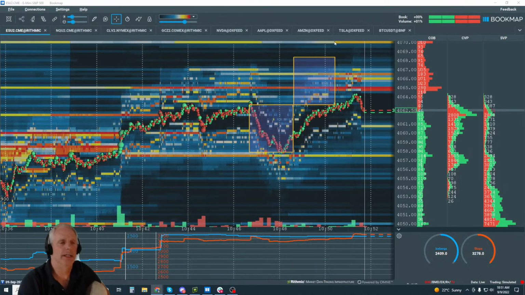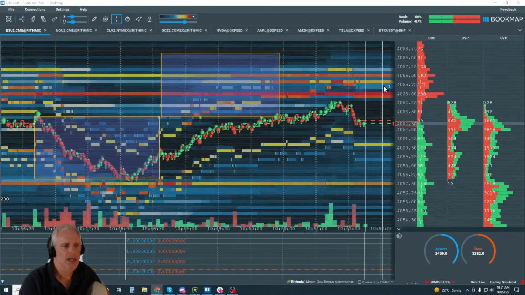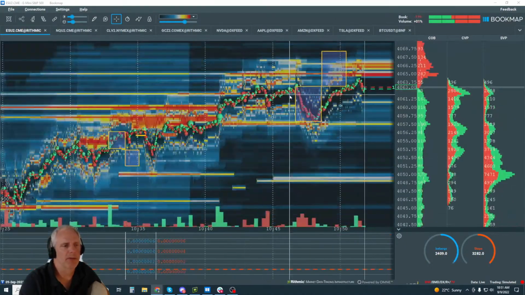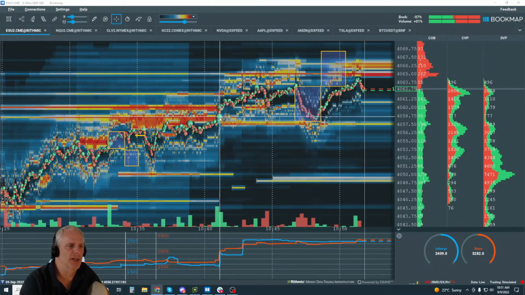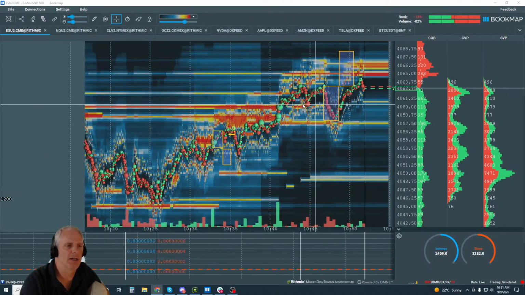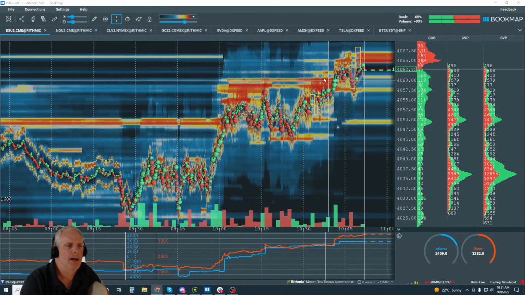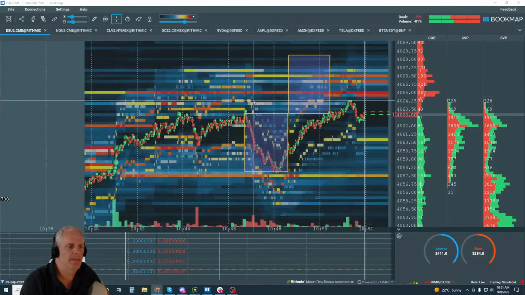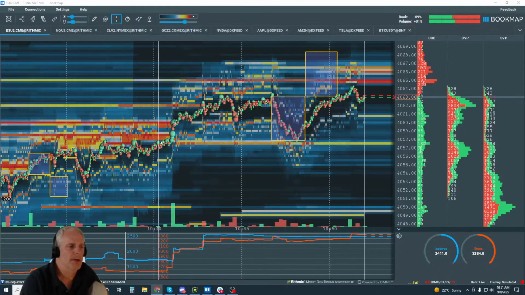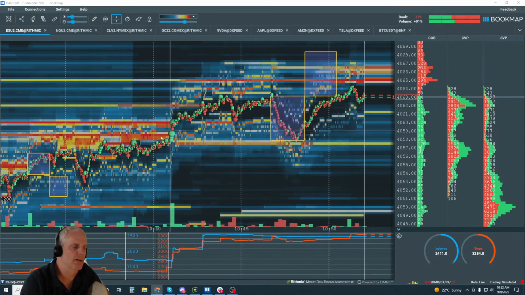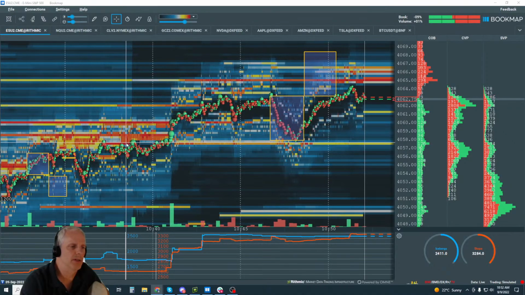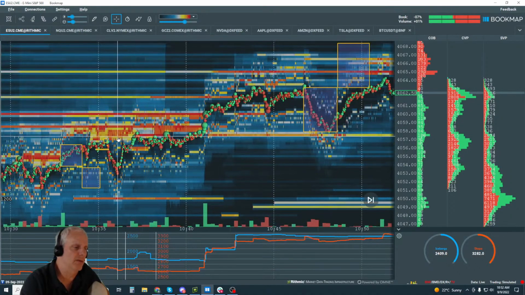Let's get back into it. Our job is to read the order flow in here regardless. We continue to move up here, and we see the buyers taking control, and it took a bit for that to unfold.